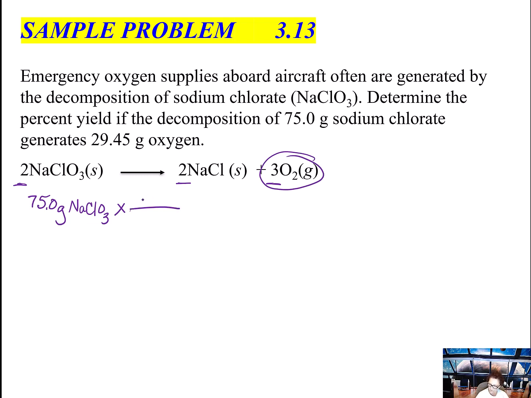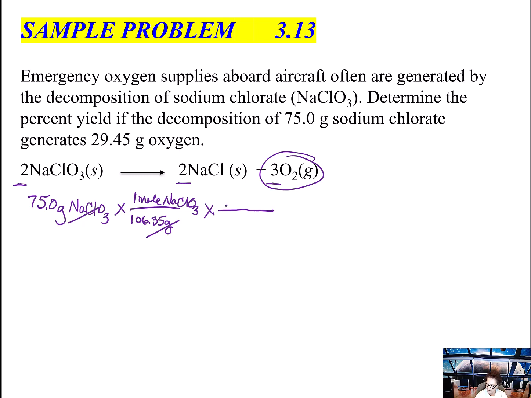So we need to see that 1 mole of NaClO3, and the formula weight of that is 106.35 grams. And again, I just added up all of those just like we learned how to do already. So that takes me from grams of sodium chlorate to moles of sodium chlorate. I'm producing oxygen, so I've got to do that mole ratio, right? Go to the top of the molehill.